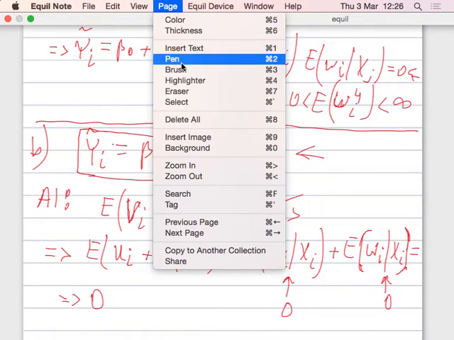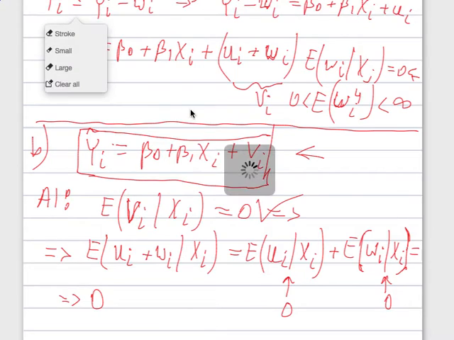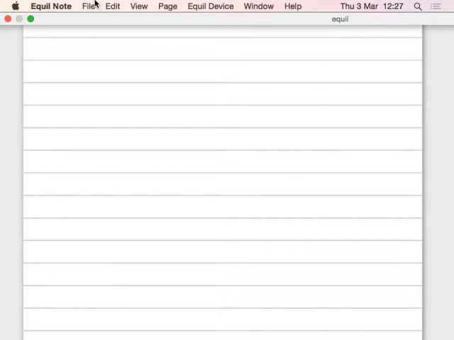Time is running fast, so I'll erase. How about assumption 2? Assumption 2 says these should be IID random draws. Are they?